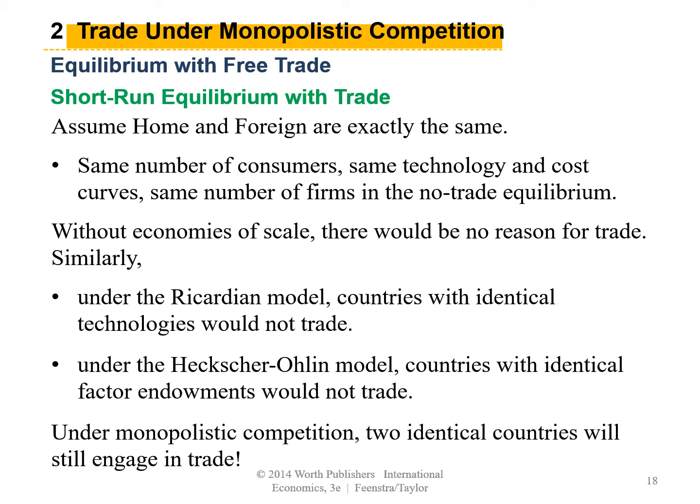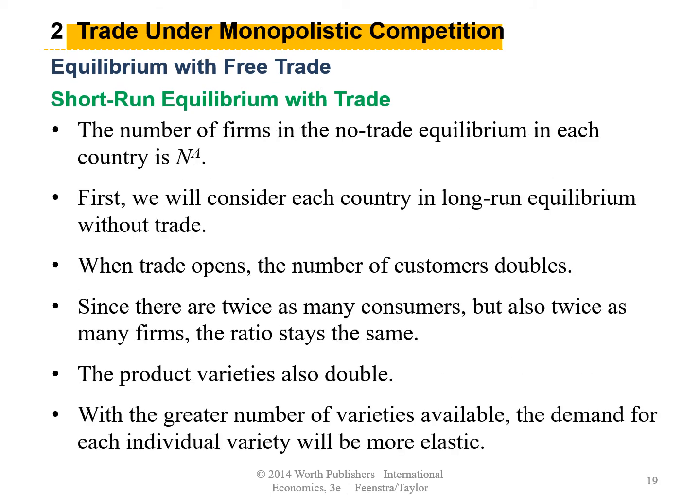So you can have production of golf clubs in different countries, but they're not exactly the same type. One country specializes in doing the high end, another country specializes in producing the middle end, let's say. So this is very consistent with the basic idea of a monopolistic competition market.